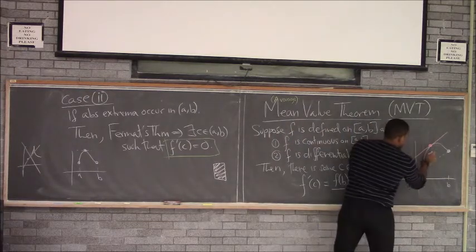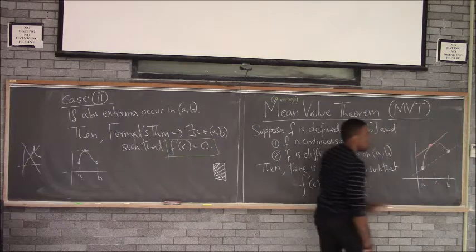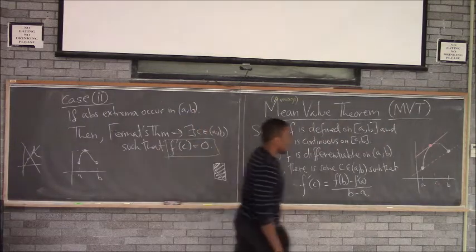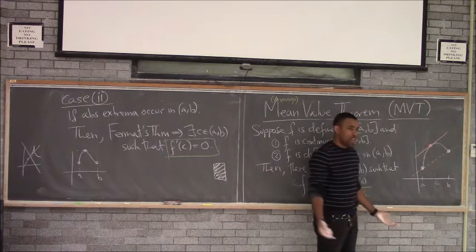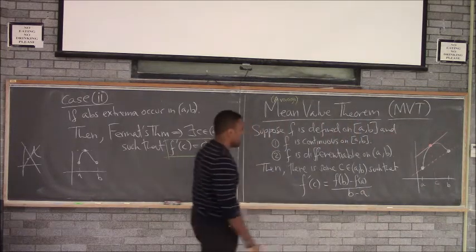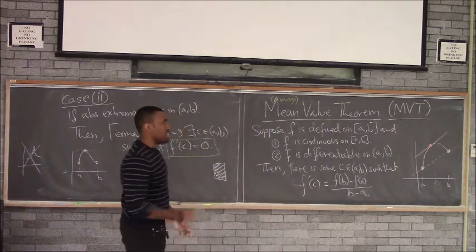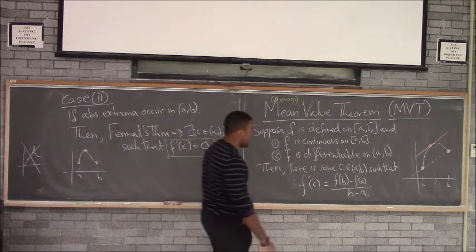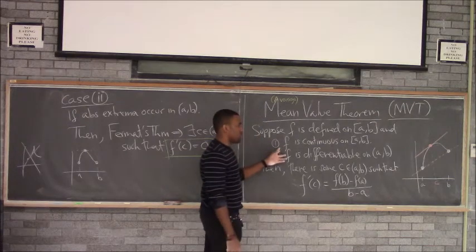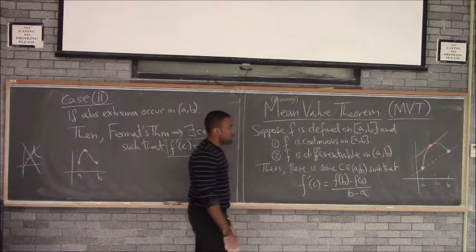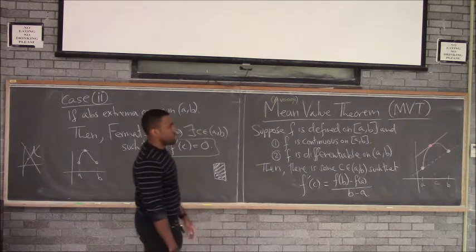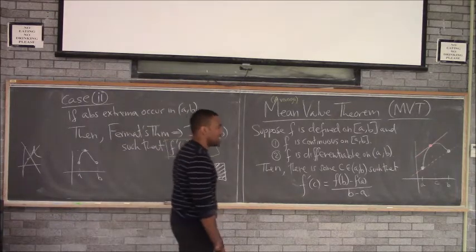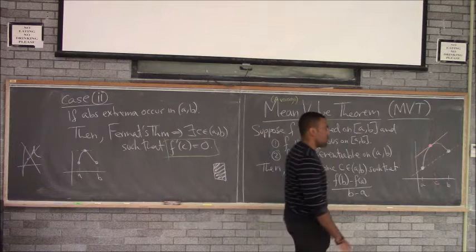That will occur at some point between a and b. Has to happen. Now, if I don't have continuity, there could be a gap here and it doesn't happen. And if I don't have differentiability, there could be a sharp corner there and it doesn't happen. But if we're continuous and differentiable, that's definitely going to happen. Find the average rate of change, there will be somewhere in the interior such that the slope of the tangent line will be equal to the slope of the average rate of change.